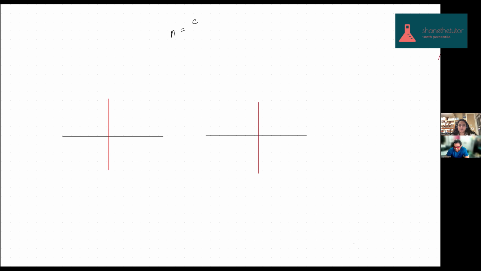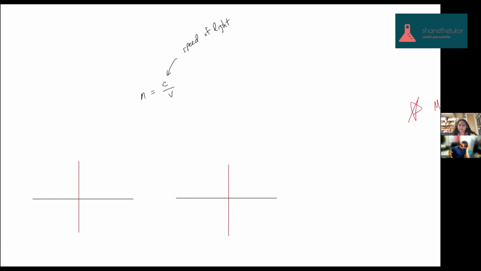Okay, so let's say for sound, tell me in terms of less than and greater than, in a solid compared to a liquid compared to a gas.